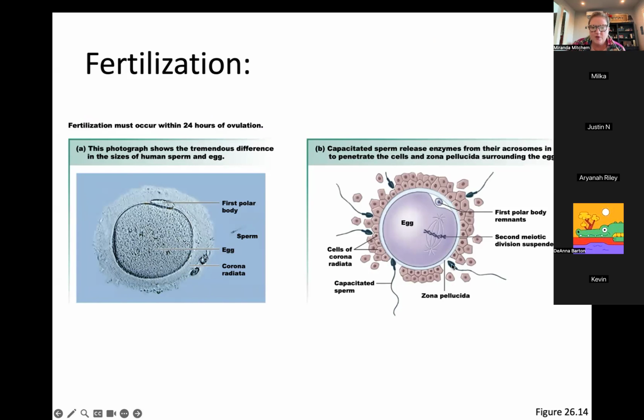So the very first one who gets there and binds that sperm receptor is going to be the winner. What happens after the sperm binds its sperm receptor is this layer falls off. So those receptors go away, and now other sperm can't get in there because they can't bind the receptor.